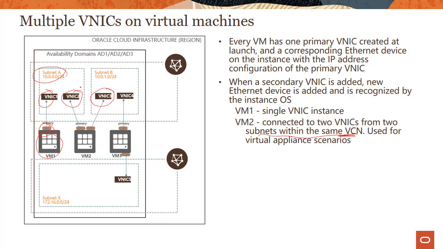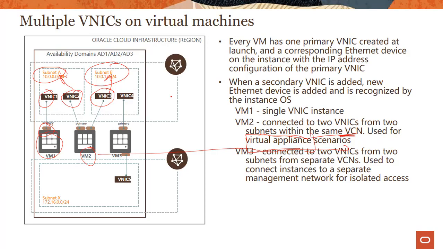VNIC 2 is in subnet A and VNIC 3 is in subnet B. Why would we do that? Because this virtual machine might be a virtual networking appliance that monitors those two subnets for security, intrusion detection, or any other purpose. It's those kinds of virtual appliance scenarios.